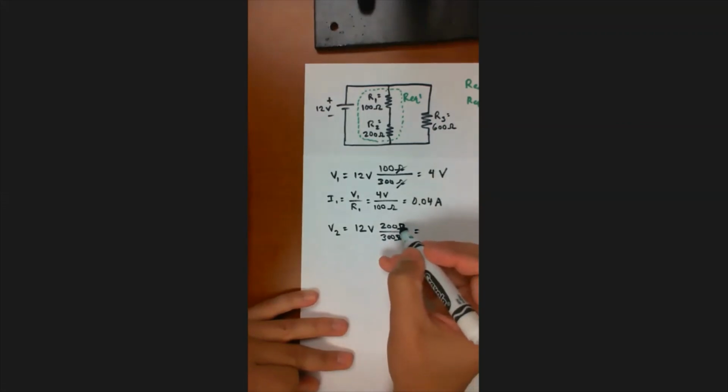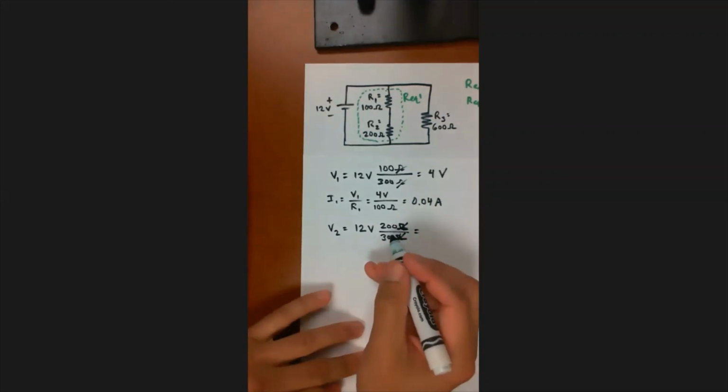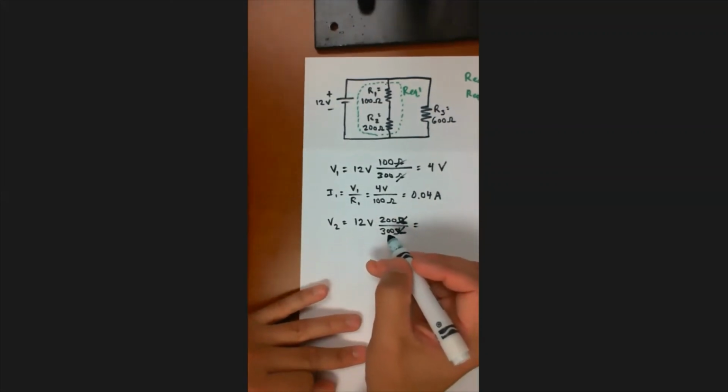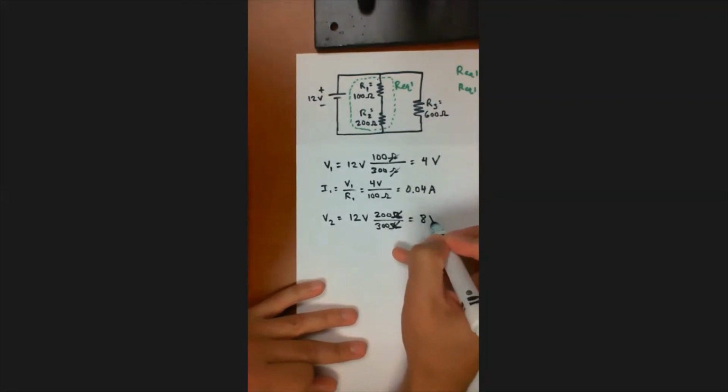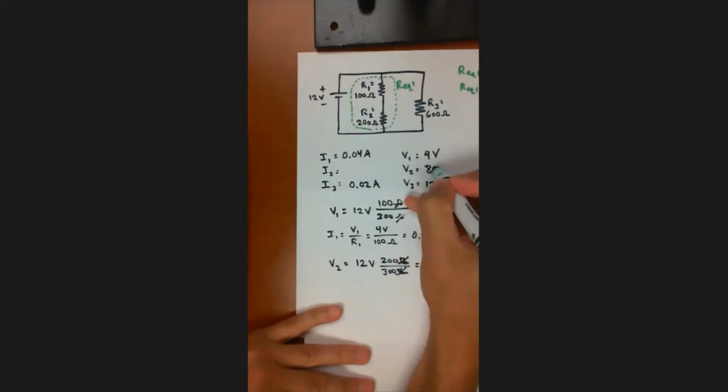These are resistances. So 200 ohms divided by 300 ohms. Your ohms cancel out. Your hundreds cancel out. You've got 2/3 of 12 volts, which is 8 volts. So V2 is 8 volts.